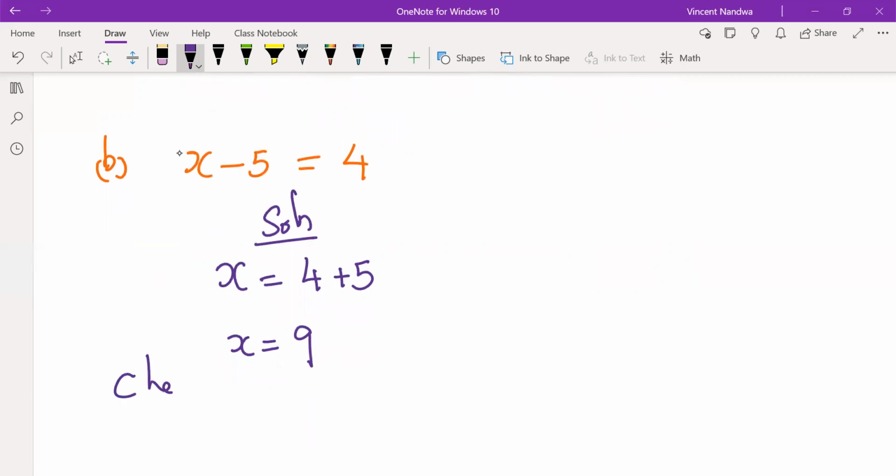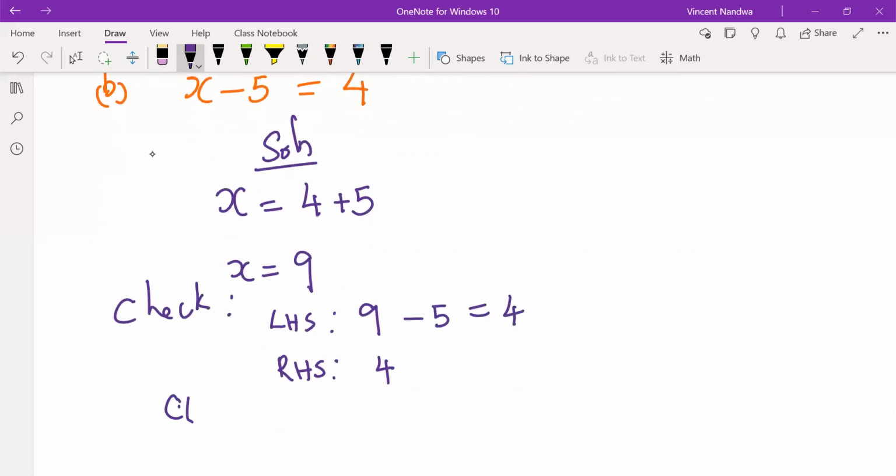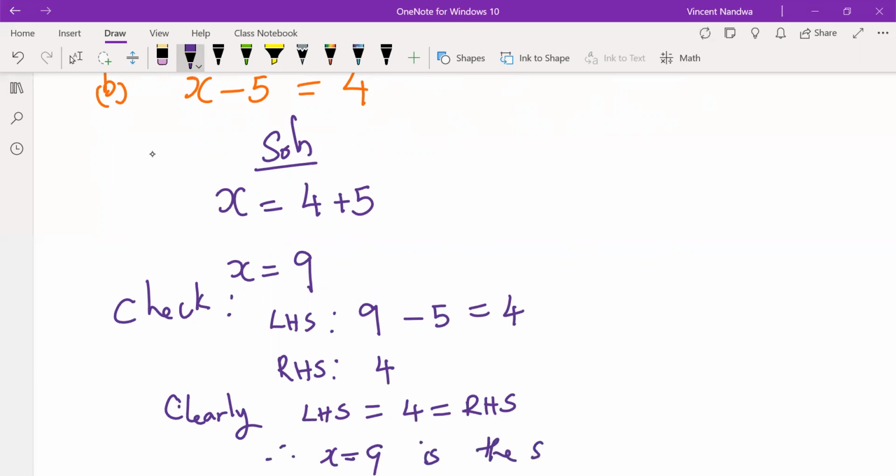Now to check, our left-hand side is x minus 5. So x we are claiming is 9, so it's 9 minus 5, which is 4. And right-hand side of the equation is given by 4. So clearly, left-hand side equals to 4, which is equal to right-hand side. So therefore, x equals to 9 is the solution.